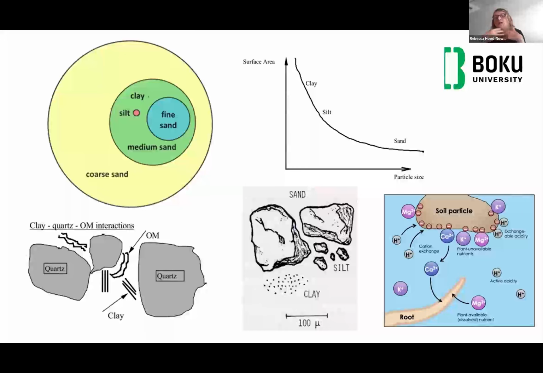Organic matter also has a very negative charge, so it also has a very high cation exchange capacity. So the potassium, the magnesium, the calcium, and the H ions can all stick onto those particles. So that's the fundamentals of the soil, basically.